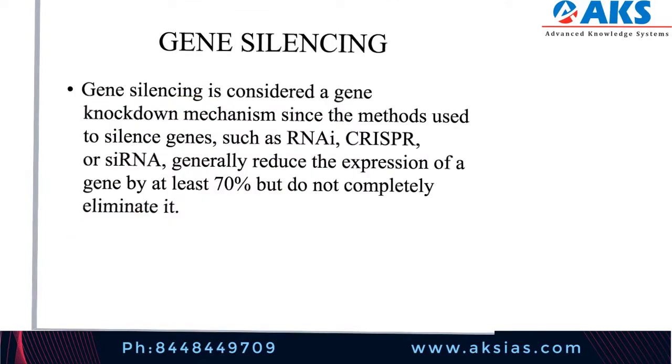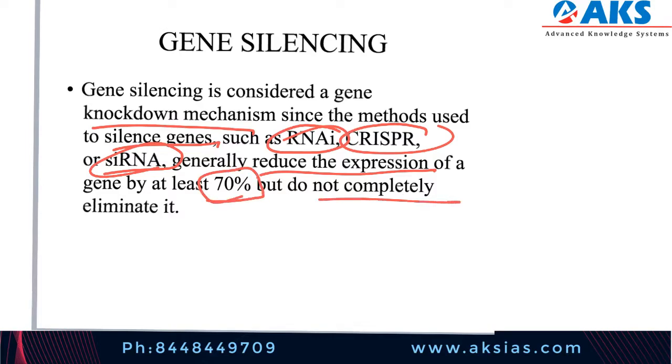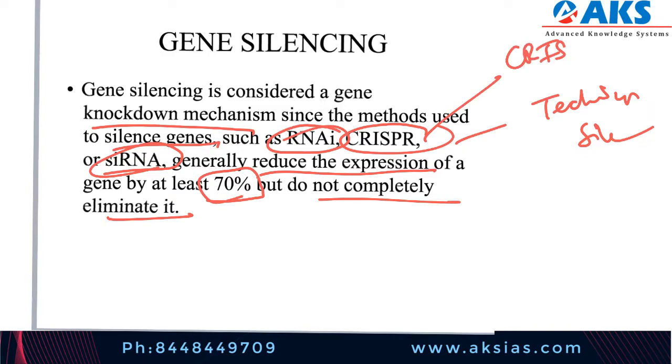Gene silencing is considered a gene knockdown mechanism since the methods used to silence genes, such as RNAi, CRISPR and siRNA, generally reduce the expression of a gene by at least 70%, but do not completely eliminate it. These are some of the techniques to silence the gene. CRISPR technology I have discussed in gene editing. You can watch the video for better understanding.